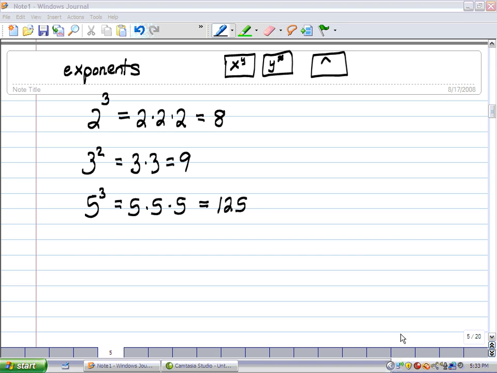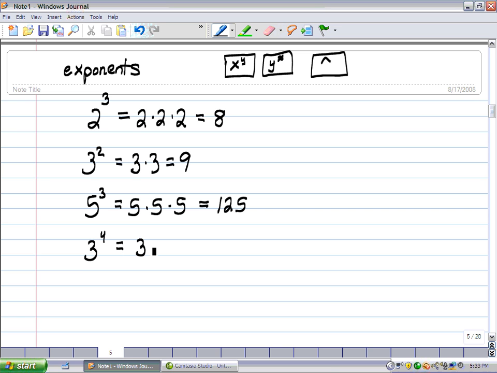Okay, let's try a 4th power. What is 3 to the 4th power? 3 times 3 times 3 times 3. We know that multiplication is what we call commutative and associative. So rather than just saying 3 times 3 is 9, 9 times 3 is 27, and what's 27 times 3, you could work that out.